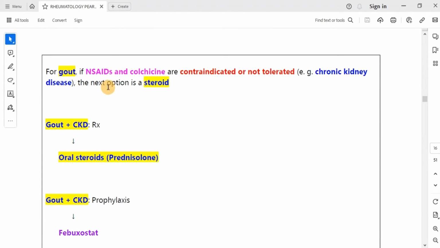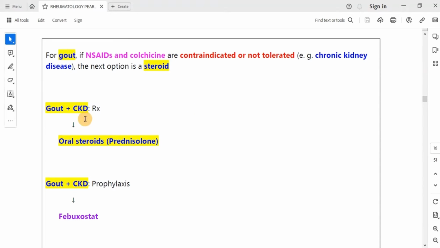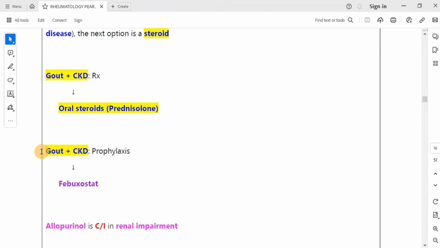For gout, if NSAIDs or colchicine are contraindicated or not tolerated, for example due to CKD, the next option is a steroid. So gout plus CKD, go for the oral steroid, that is prednisolone. And in case of gout and CKD, for prophylaxis we can't go for allopurinol, since allopurinol is contraindicated in renal impairment.